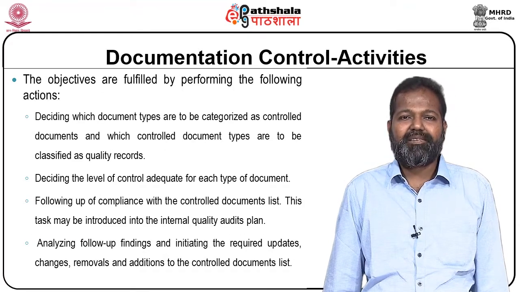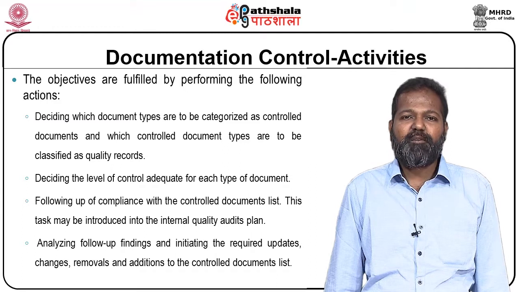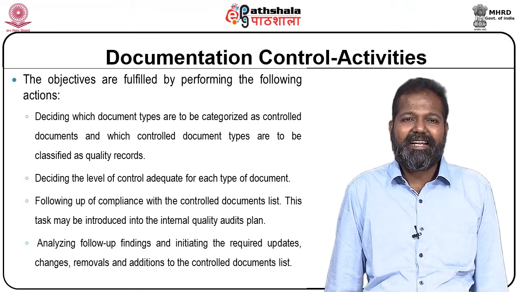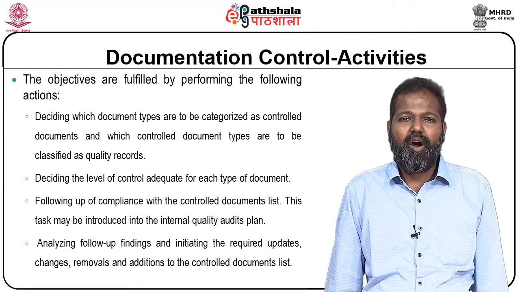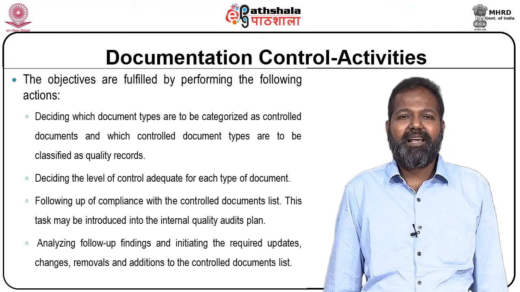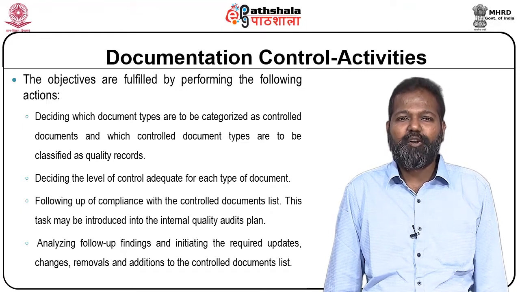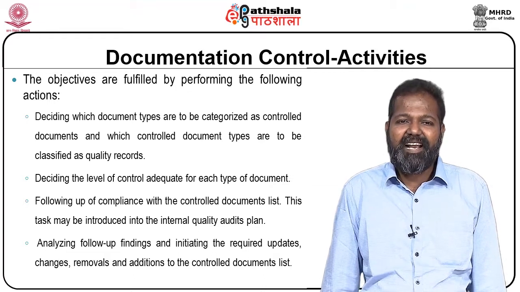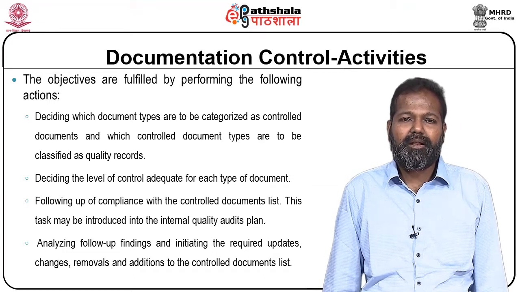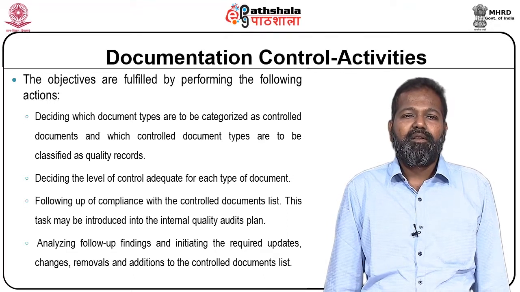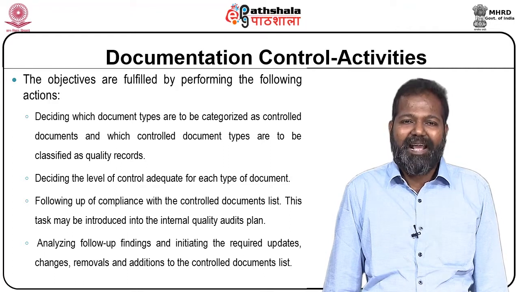Documentation control activities. The objectives are fulfilled by performing the following actions: deciding which document types are to be categorized as controlled documents and which controlled document types are to be classified as quality records, deciding the level of control adequate for each type of document, following up of compliance with the controlled document list.